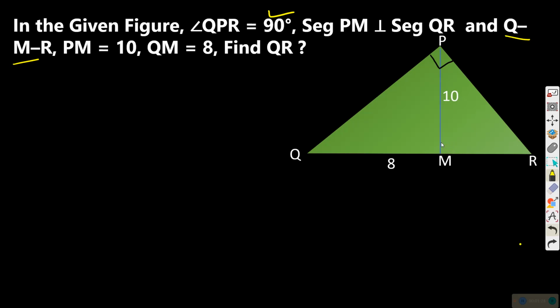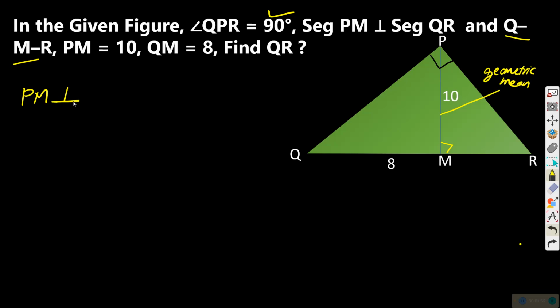There is a right angle over there, there is a perpendicular over here also. That will help us, and we know that when a perpendicular is drawn to the opposite side, the geometric mean concept comes into effect. Whenever there is a perpendicular drawn to the hypotenuse, we have to consider whether our concept of geometric mean will work out or not.